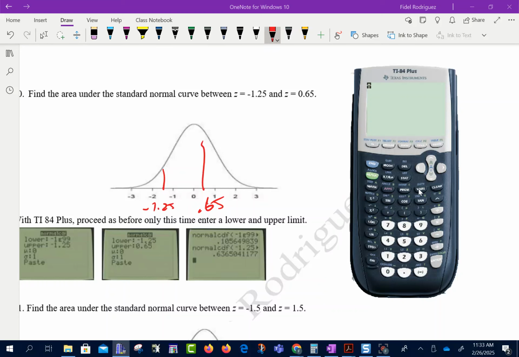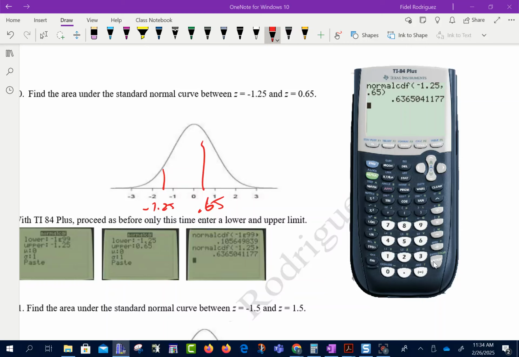Second bars, normal CDF. Negative 1.25 all the way to 0.65. Too many numbers, let's get rid of that. Like this, hit enter.